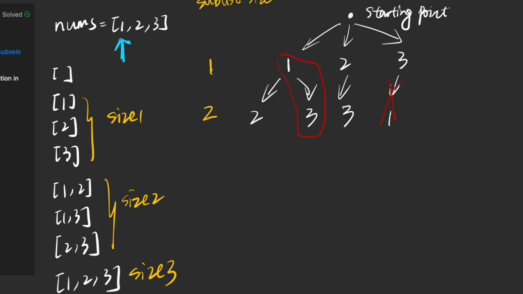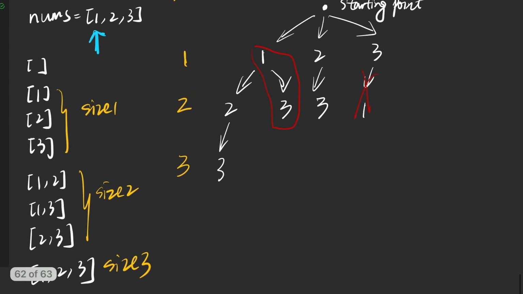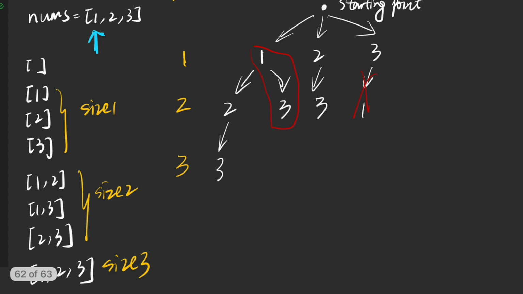Of course, now we start to construct the size of 3. For the number 2, we can continue to add 3, but for the 3, we cannot add 2. And probably this is the graph showing us how to construct the subsets.